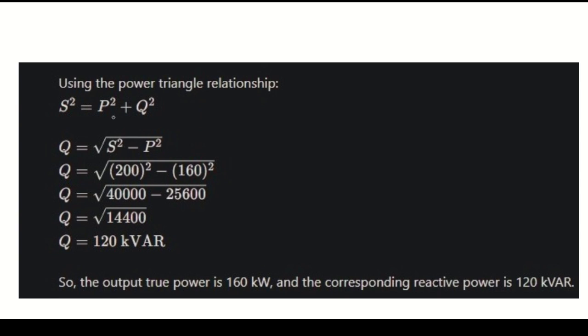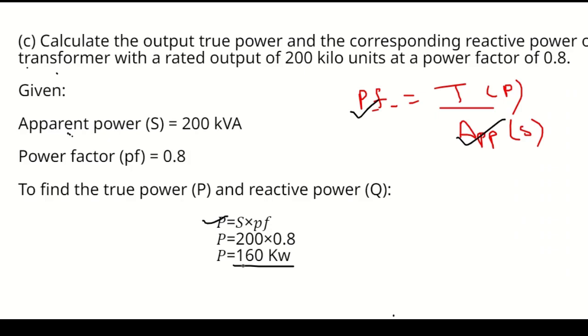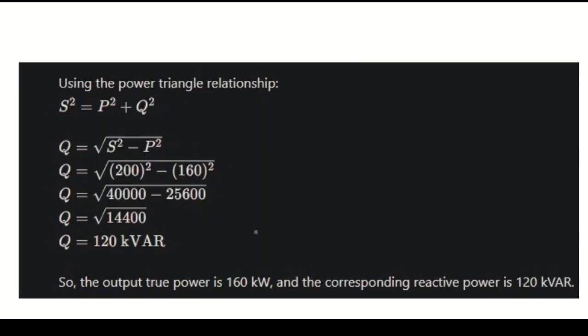Already we know the apparent power is 200, and we calculated the true power, which is 160. So we square those, subtract, and find the root of what is left. Therefore the output true power is 160 kilowatts, based on our calculation before, and the reactive power is 120 VAR.